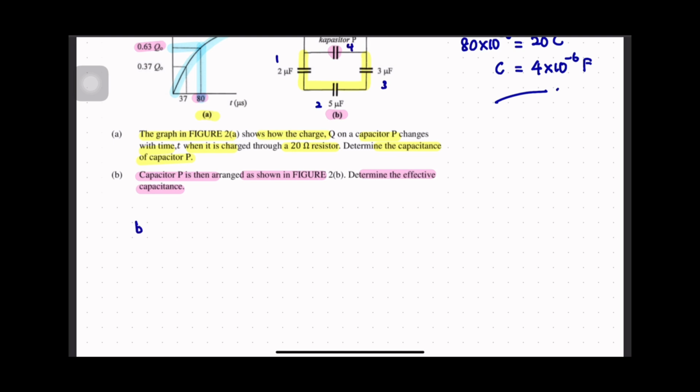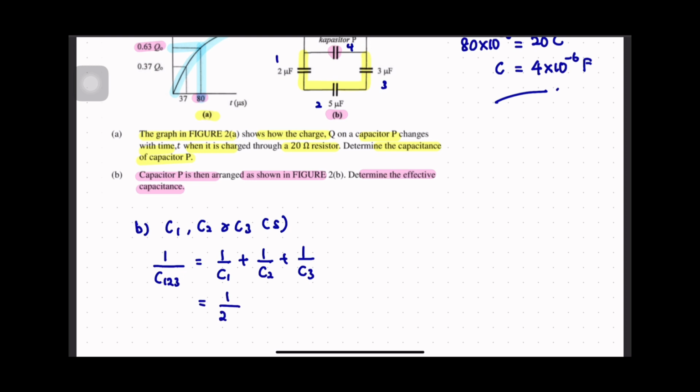So capacitor 1, C2 and C3, they are connected in series. Okay, so series maksudnya 1 over C123 is equal to 1 over C1 plus 1 over C2 plus 1 over C3. Okay, so 1 over C1 is 2 micro plus 1 over C2 is 5 micro and then plus 1 over C3 is 3 micro.